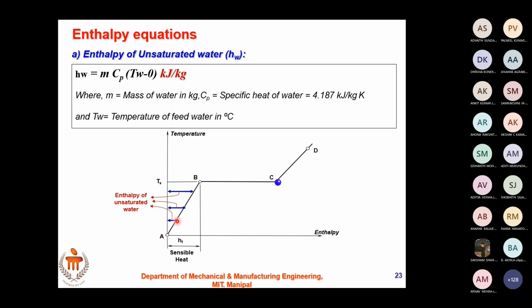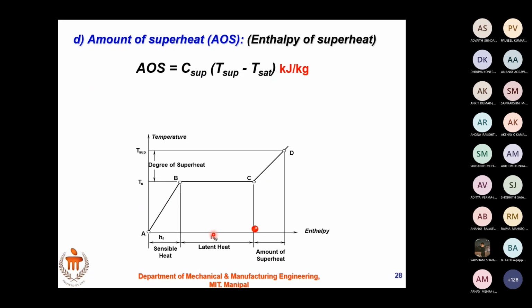That is your enthalpy of unsaturated water. We have started our experiment at 0 degrees Celsius. So at 30 degrees Celsius, the water already has that energy content in it. What is the initial enthalpy of the feed water entering the boiler? In order to know that, you require the enthalpy of unsaturated water. Got it? Yes, ma'am. Okay. Right.